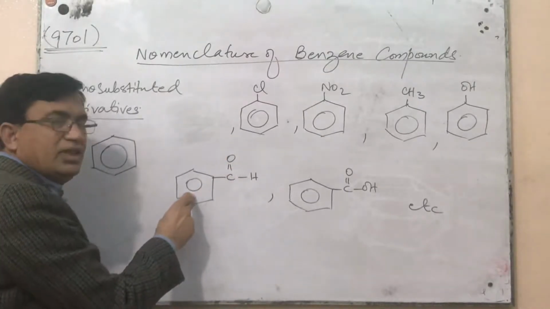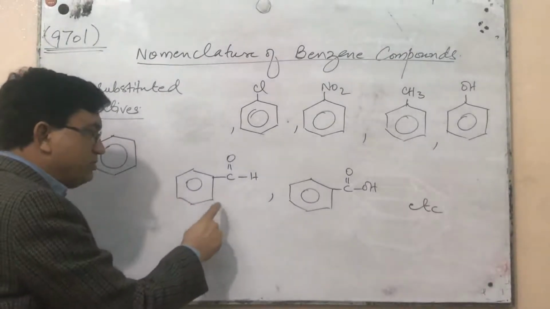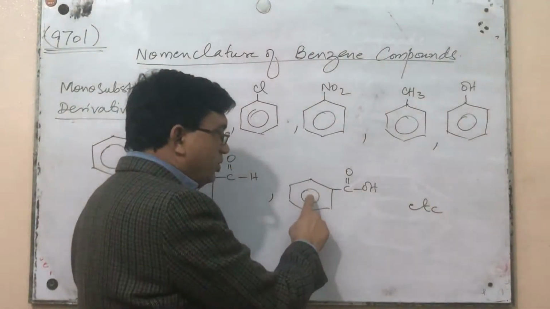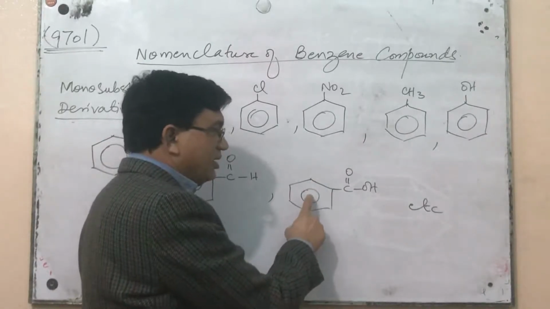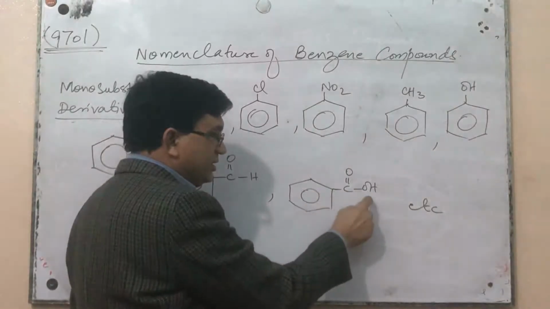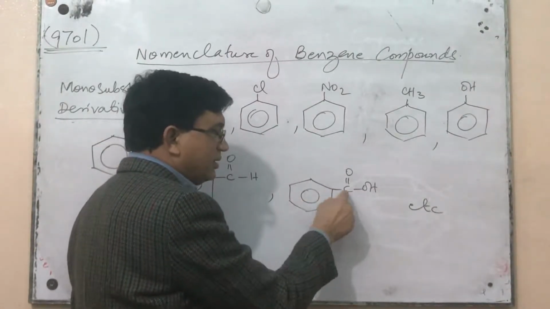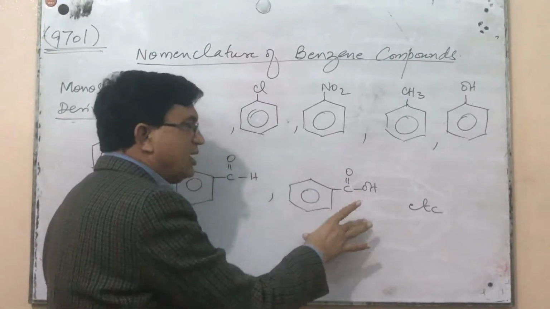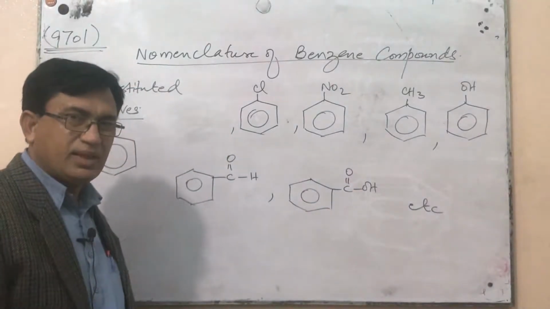On combination with this benzene ring, this is called benzaldehyde. Similarly, due to the presence of this benzene along with this carboxyl group, this is called an aromatic carboxylic acid, and this is called benzoic acid.